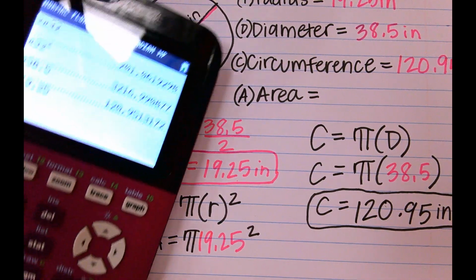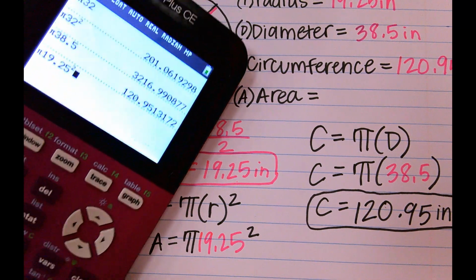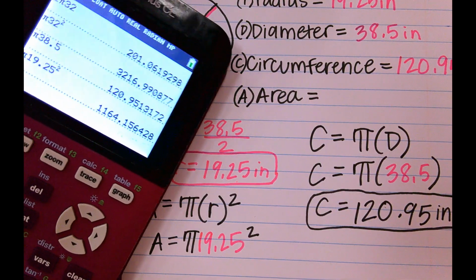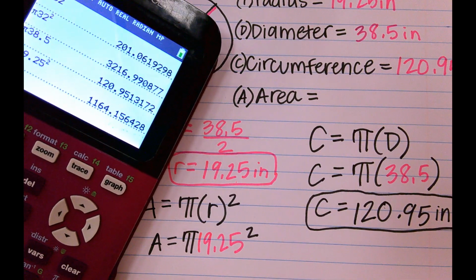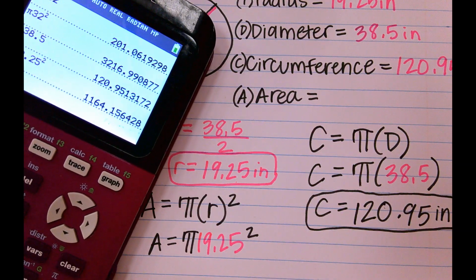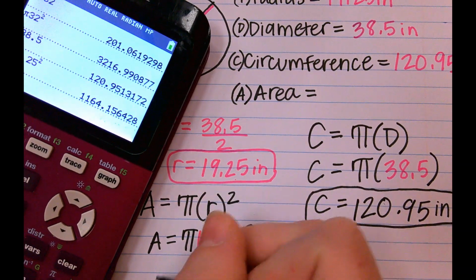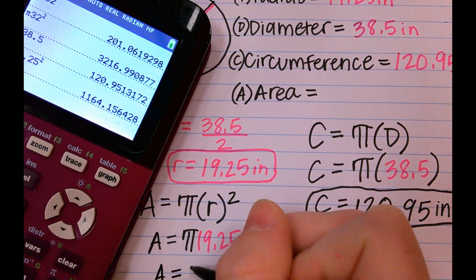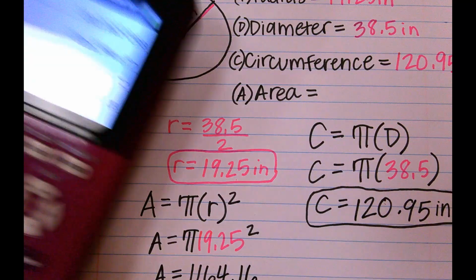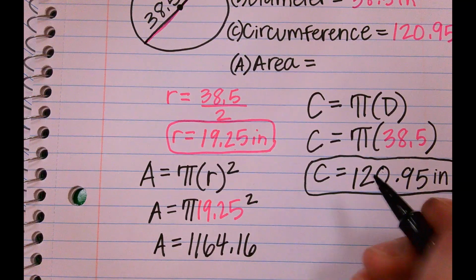19.25 square. Enter. 1164.16 if we round up. Is that what you said, Jessica? That's what I got. Yeah. Perfect. So our area is 1164.16. What are my units? Inches squared.